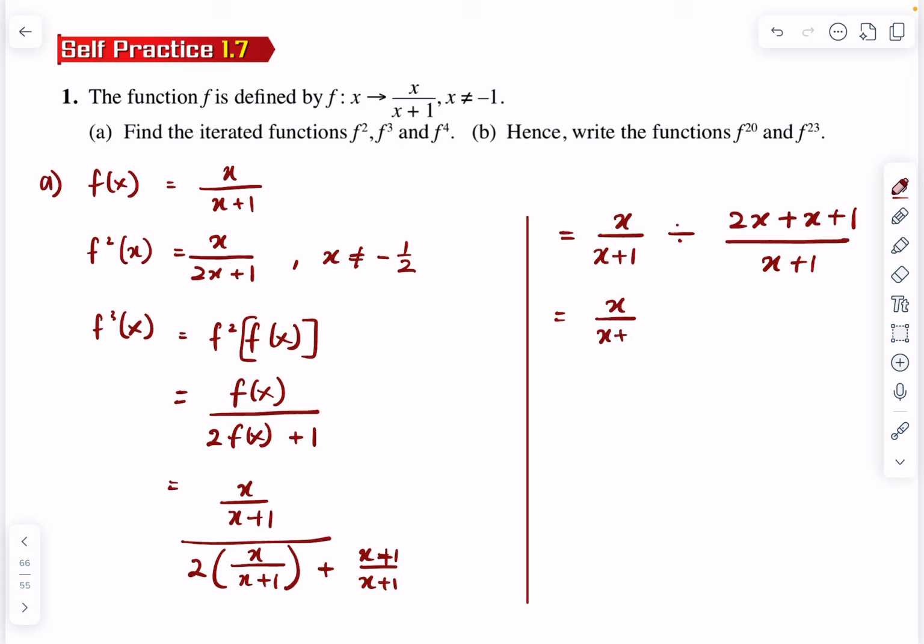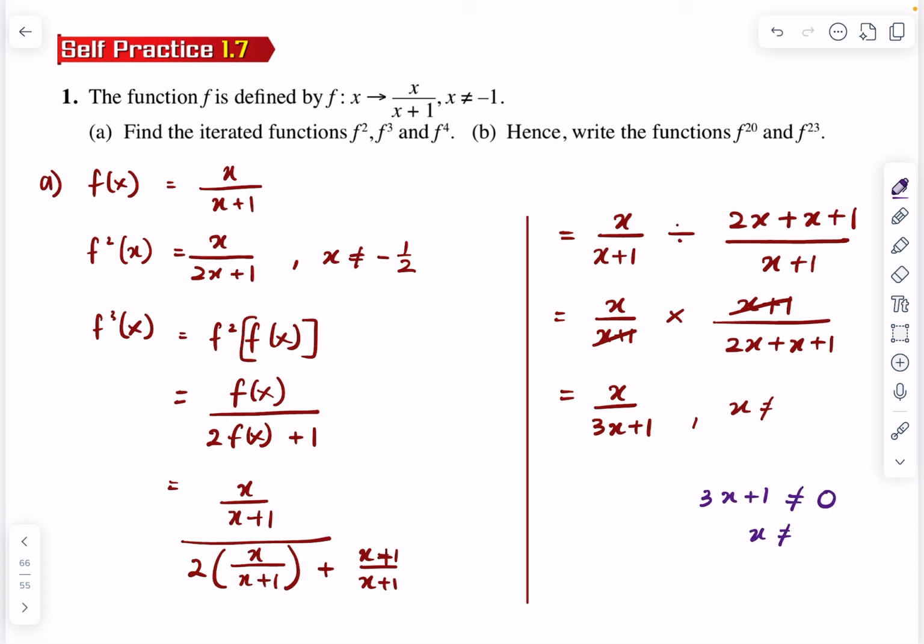So divide, we flip it and make it times. So this and this can cancel out. This will give us x over 2 plus x is 3x, so x over 3x plus 1. Then we must find the condition. Our denominator cannot be 0.